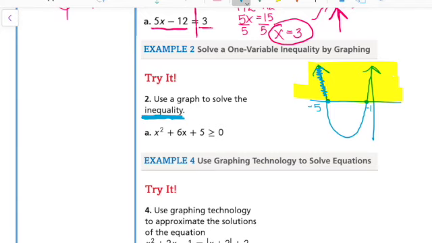So that means that this piece works and this piece of the graph works. And of course in math, we don't say this piece, that piece. Instead, I think about this: x is at -5 and it's going left. Left is smaller. So we put less than or equal to.